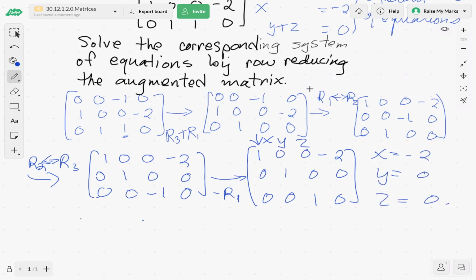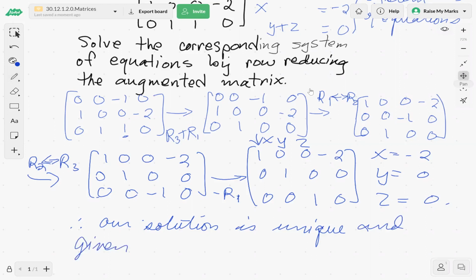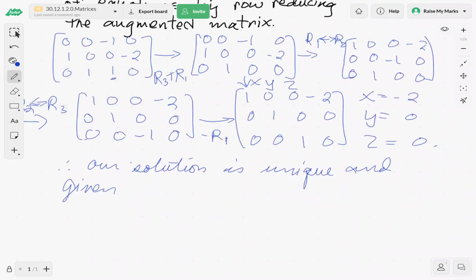So therefore, our solution is unique and given by a single point, and that point is -2, 0, 0.